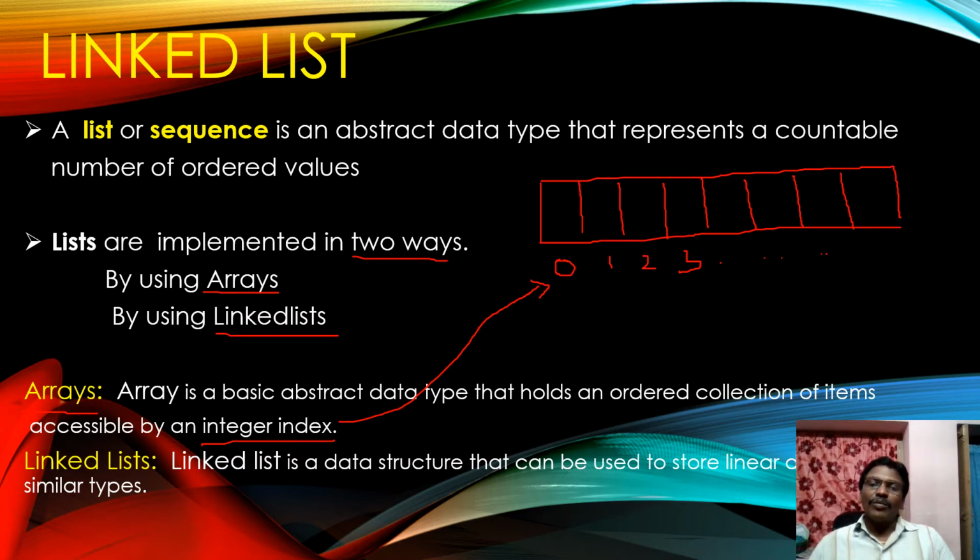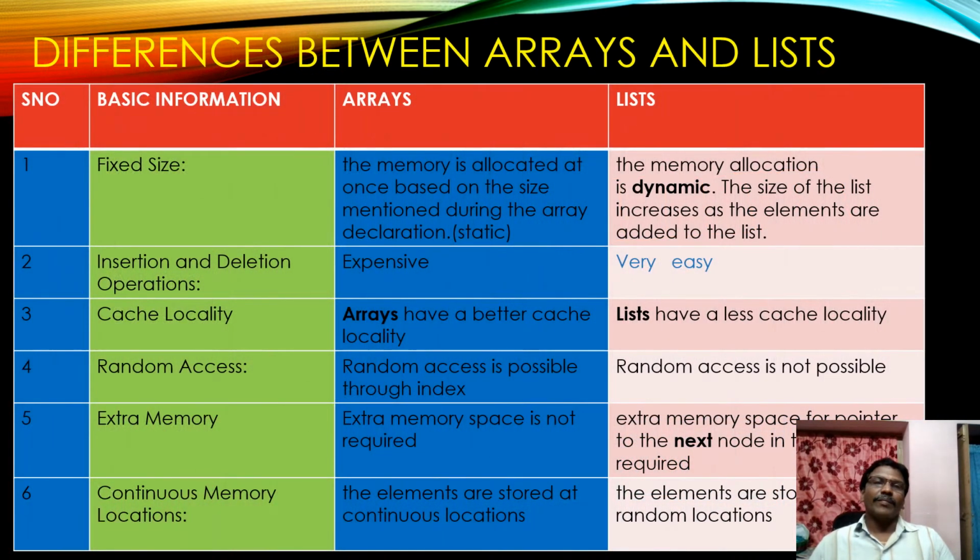Now, for clarity between arrays and lists: what are the advantages of linked lists, the advantages of arrays, the disadvantages of arrays, and the disadvantages of lists?